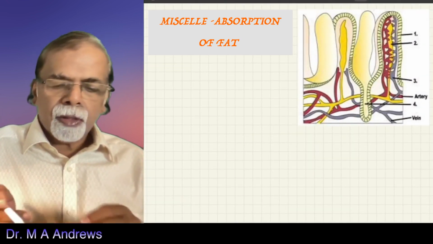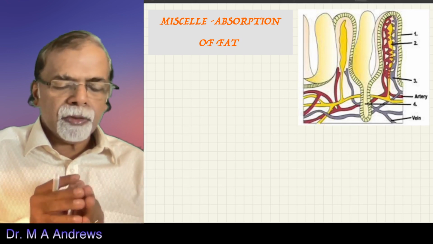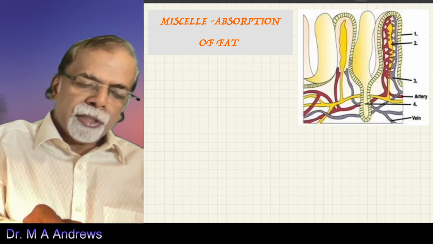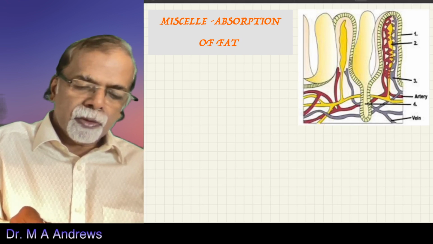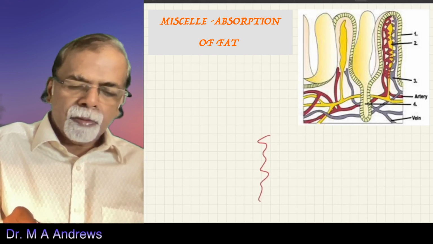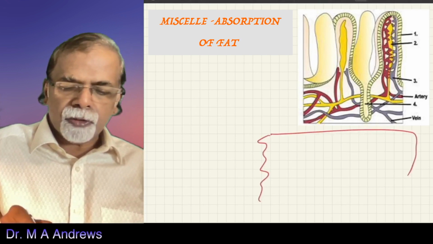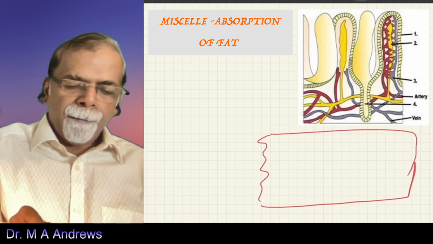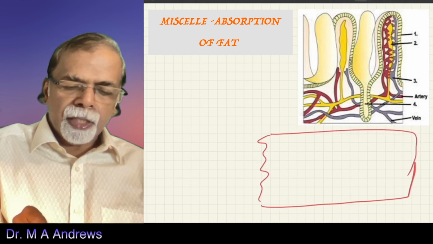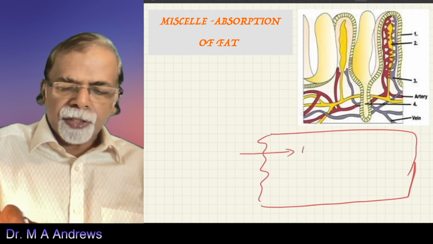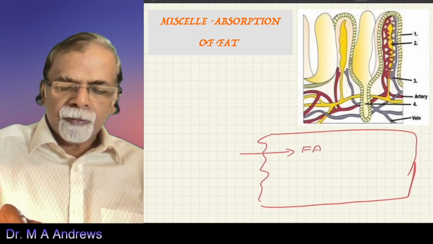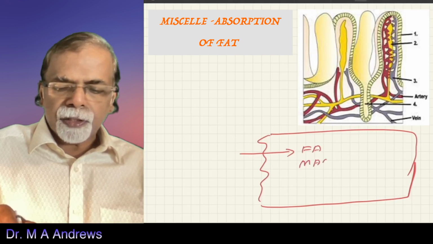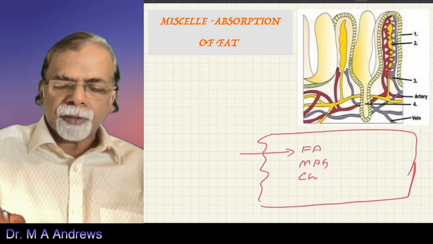So, let us again think about what is happening in the mucosa. So all of you draw the mucosa. This is the mucosa. From the intestinal lumen, the fatty acid is entering, monoacylglycerol is entering, cholesterol is entering.